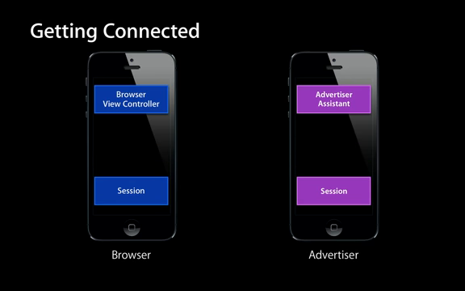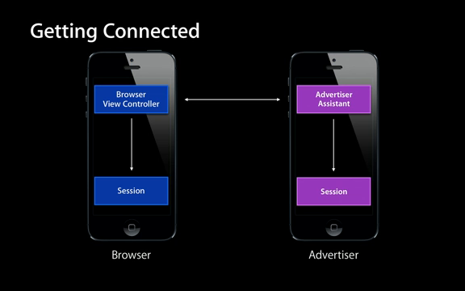And now I want to tell you a bit more about how you know that the session objects connected with each other, and how they even know who they want to connect to. Well, let's assume we have a browser view controller on one side and the advertiser assistant on the other side set up. And as peers get found and lost, the browser view controller and the advertiser assistant are communicating with each other.